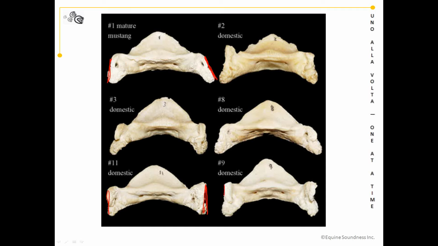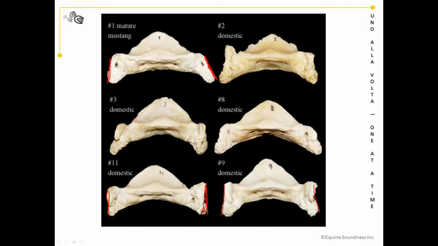So this leads me to suspect from this coffin bone that this is a very upright hoof, and this Mustang hoof was slanted on one side and the hoof capsule was very upright on the other side.